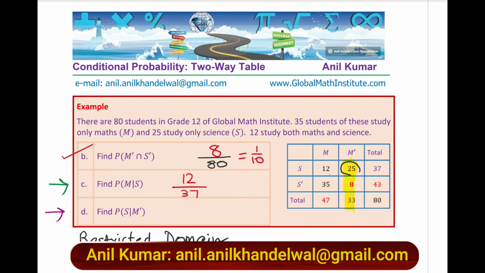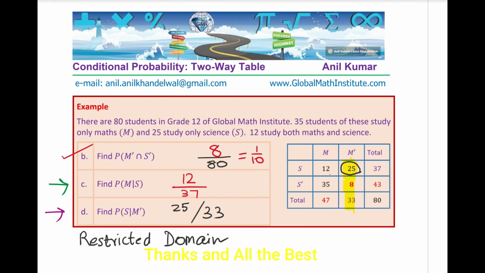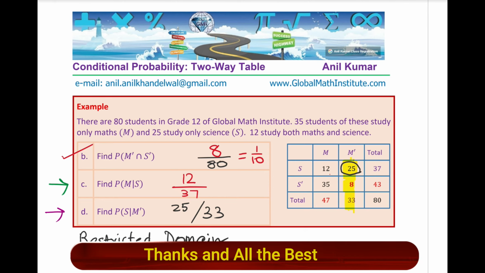So this is the group which has taken science but not maths, correct? So 25 out of 33. You get the idea. So that is how very easily these conditional probability questions can be solved using two-way tables, correct? I hope the concept is absolutely clear.